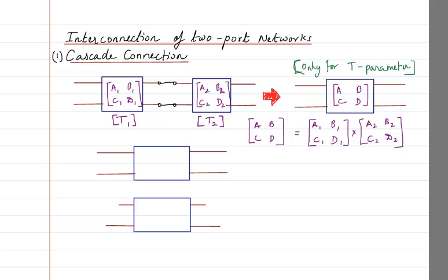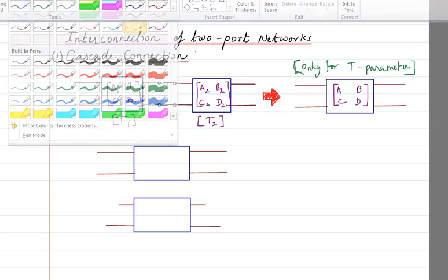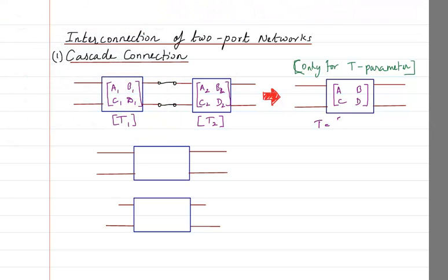Then the transmission parameter of the combined block will be T equal to T1 multiplied with T2. So this is for the case of cascade connection. Now remember, we have to prove it, and I will prove it. The proof I will take separately.